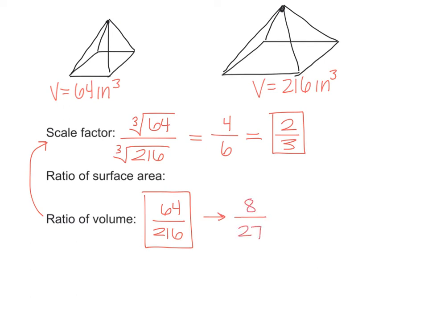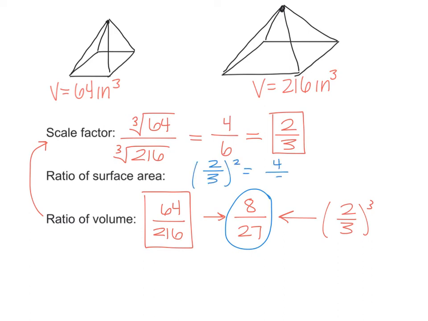And that's exactly what we see here. 2/3 cubed is 8/27. So we can reduce our ratio of volume so that way that this becomes the ratio. And again, you would take the cube root of 8 to get 2 and the cube root of 27 to get 3. Now to go to the surface area, we know we just take our scale factor and square it, so we get 4/9.